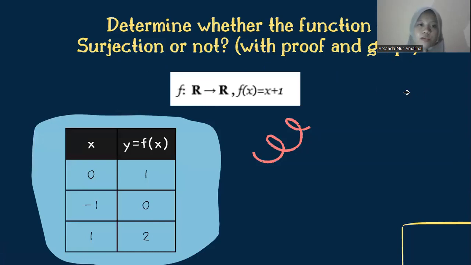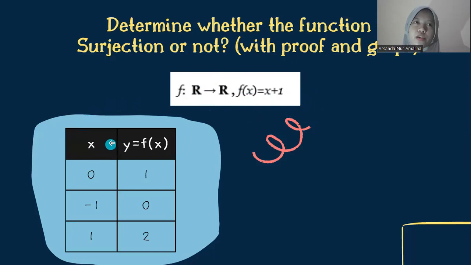Next, determine whether the function is a surjection or not. We have the function f that maps the real numbers R to the real numbers R, where f of x equals x plus 1. As in the first case, we use the basic method, substitution, to draw the graph of this function.